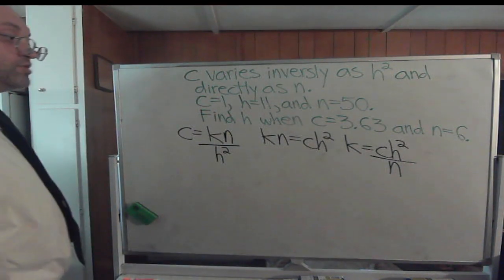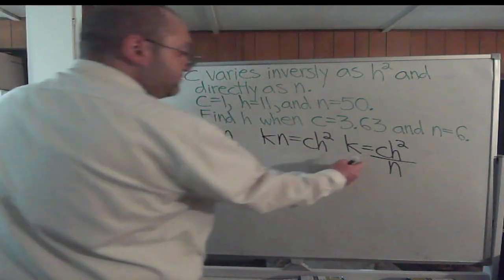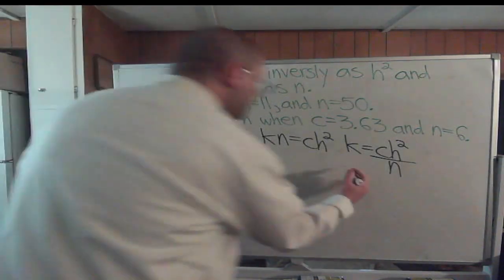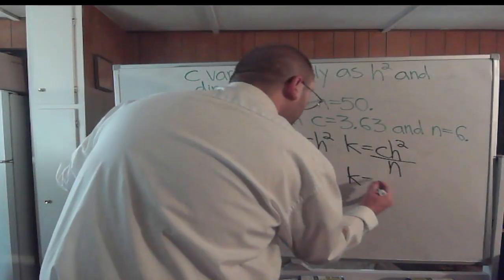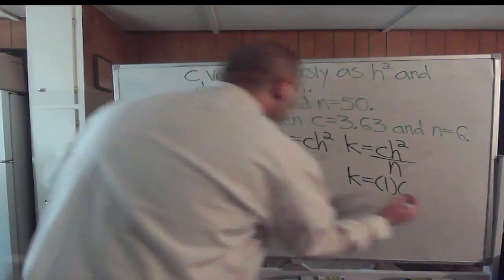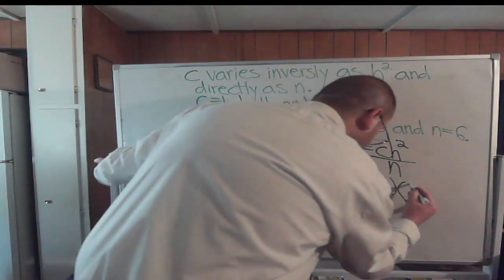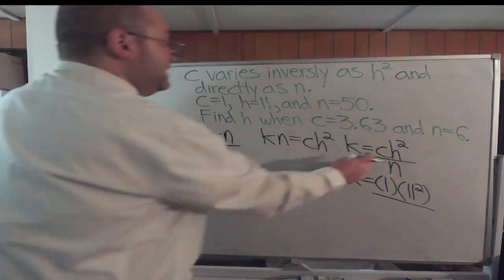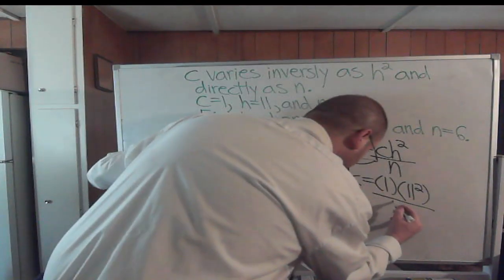Now, like you would any other problem, once you've obtained the equation for your constant of variation, just plug in the assigned values you're given. So k equals, well, we know c is 1, so we'll have 1 times your h squared, which is 11 squared, over n, which was 50.